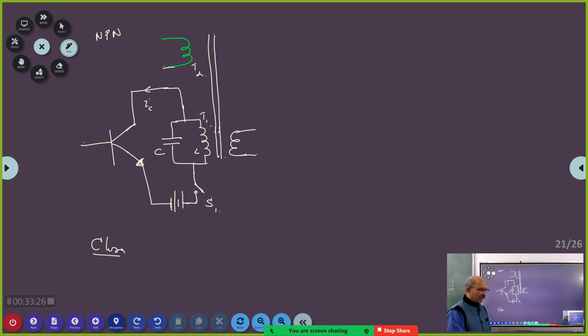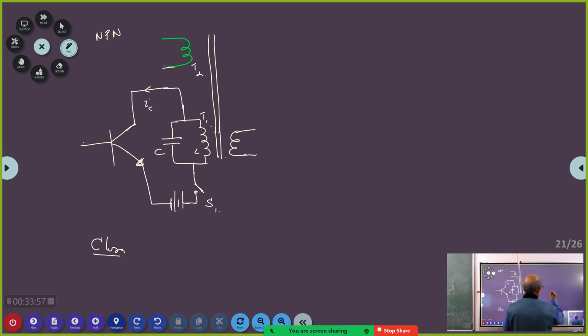See here, if you say this is the core, its permeability is very less. So, I will have one winding here and another winding here. T1 is here. This output is also here. And I will put the third winding also here.